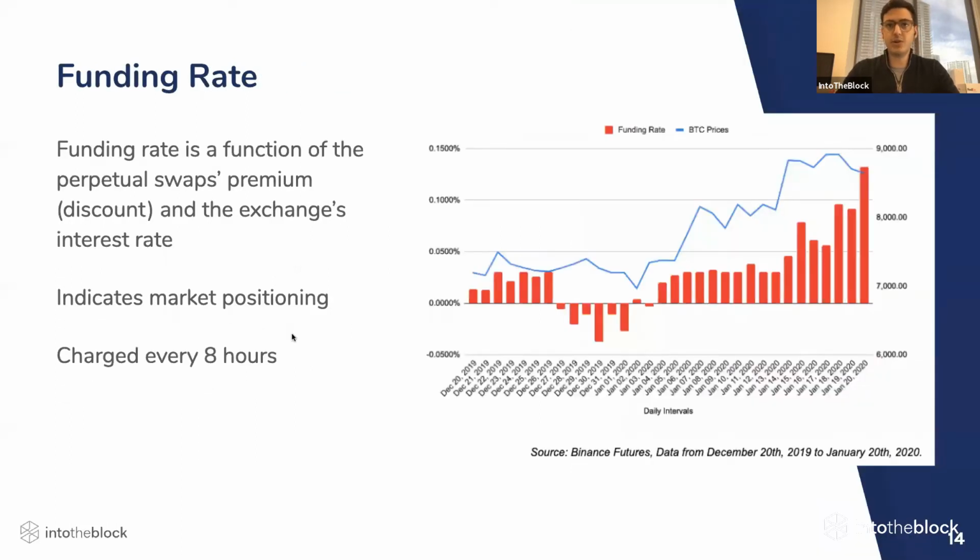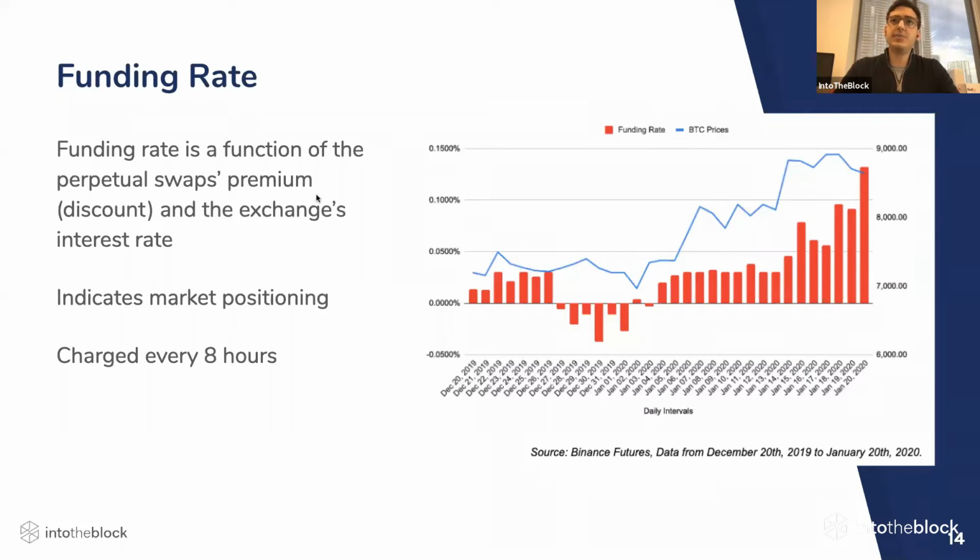So how does it work? Well, every 8 hours, that's usually the interval exchanges use, and it's only used in non-traditional exchanges, the long holders, if it's at a premium, pay the short holders that funding rate, which is usually a small amount. Here you can see 0.05% or so. It's increased this year.